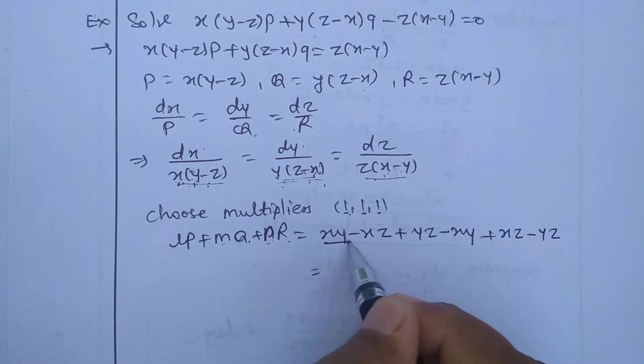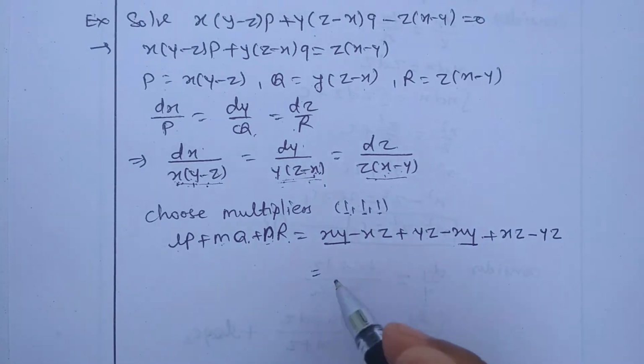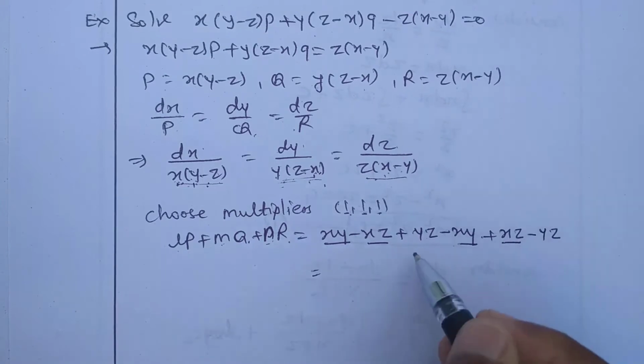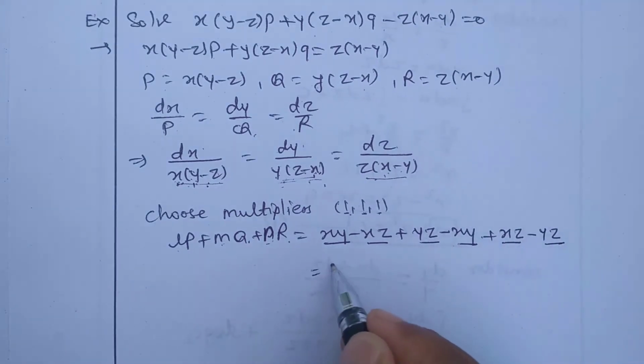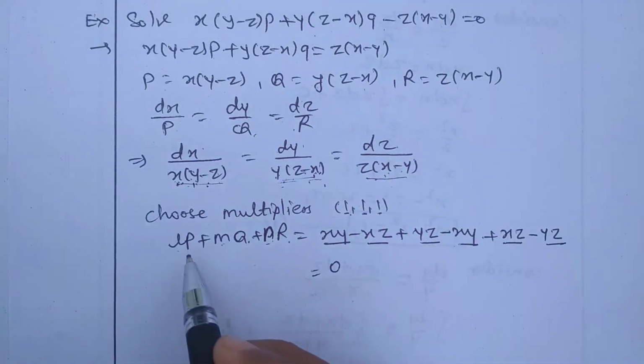So if you check, xy and minus xy get cancelled, minus xz plus xz get cancelled, and yz and minus yz get cancelled, you will get 0. That means LP plus MQ plus NR equals 0.